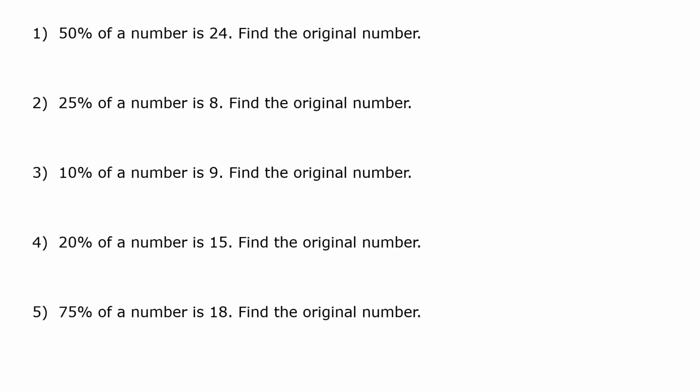So question 1, 50% of a number is 24, find the original number. Our original number is always going to be 100%. We're always trying to get back to 100%. So we're going to be scaling up and scaling down. So we know that 50% is equal to 24.